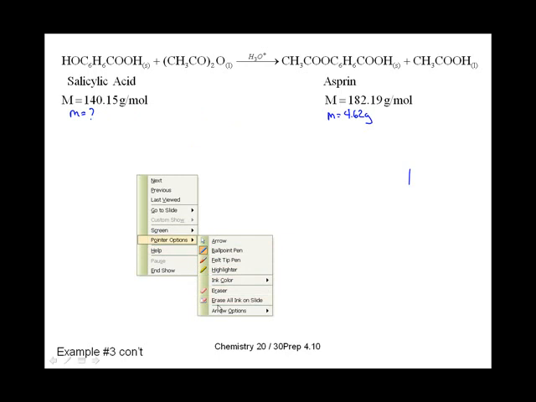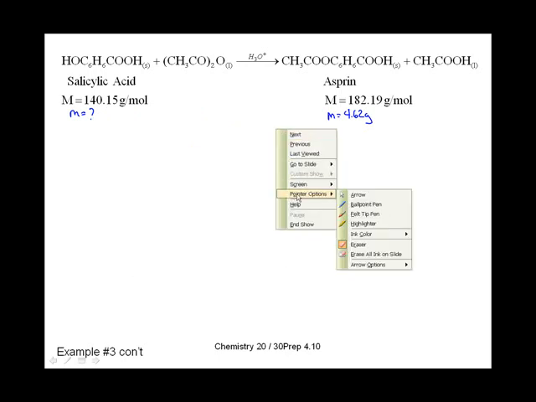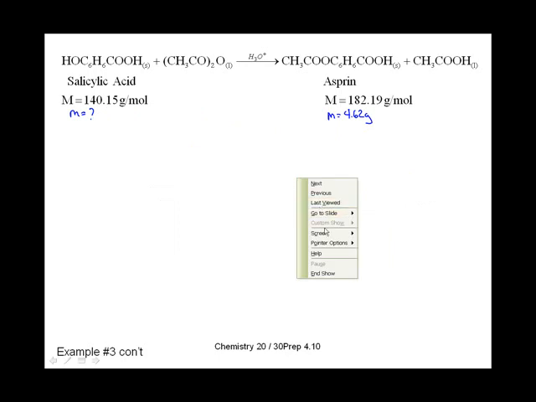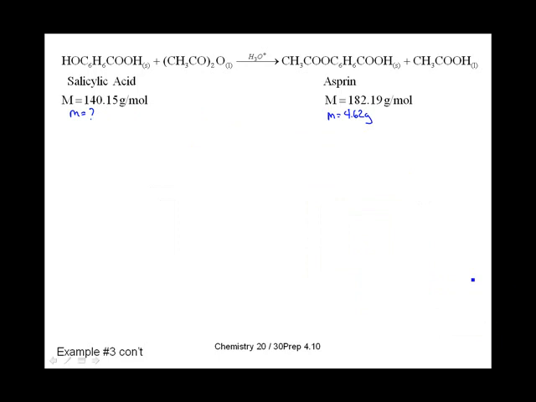I'm just going to move to the next slide to get some more room for my calculations. So we know the mass of this is 4.62 grams. And now we're going to find out the mass of salicylic acid. So we're just going to do another straight gravimetric stoich problem. First we find the number of moles of aspirin.